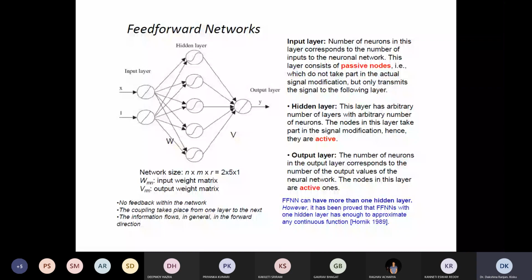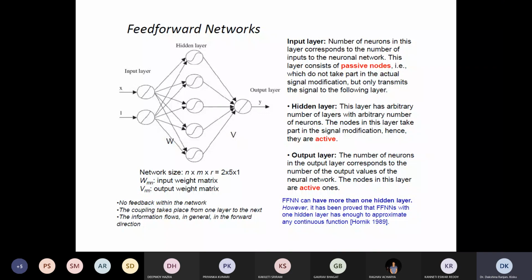So the number of neurons in the output layer is not fixed. If I expect one output, then we can consider one neuron in the output layer.